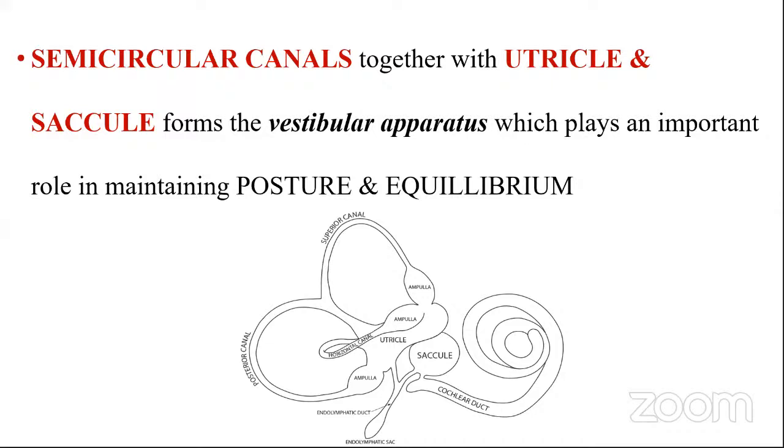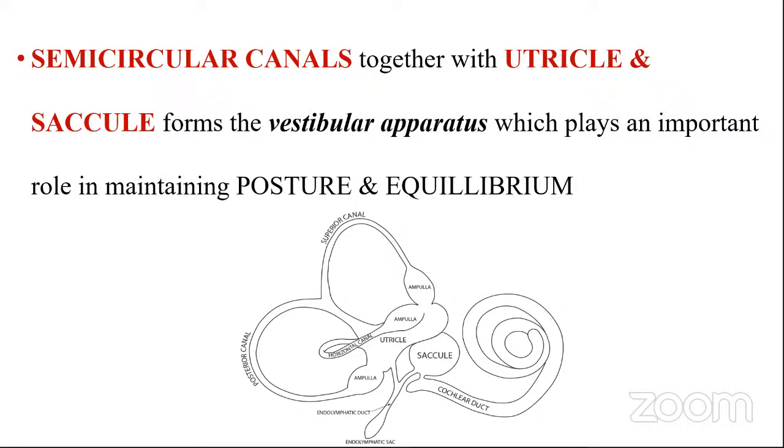And this ampulla is connected with the utricle. Then the superior canal continues with the posterior canal, and the posterior canal is also connected through an ampulla to the utricle. And you can see the horizontal canal.